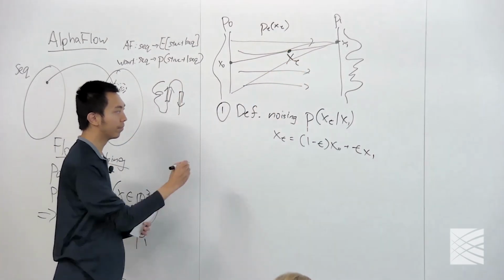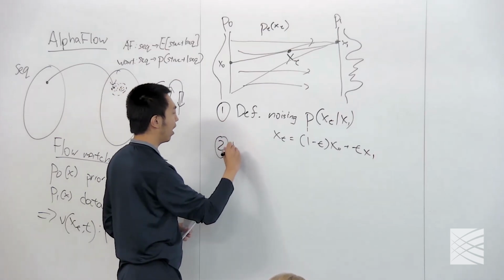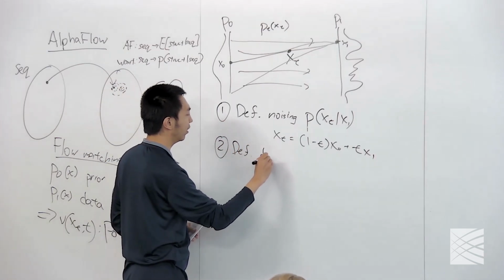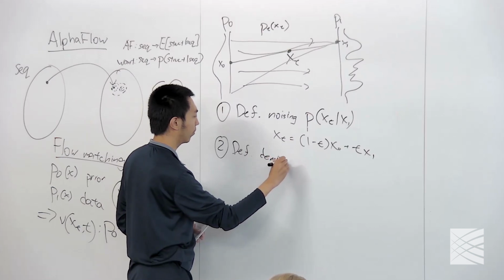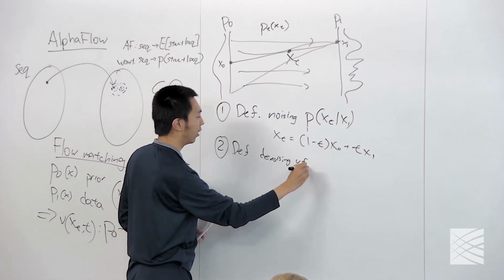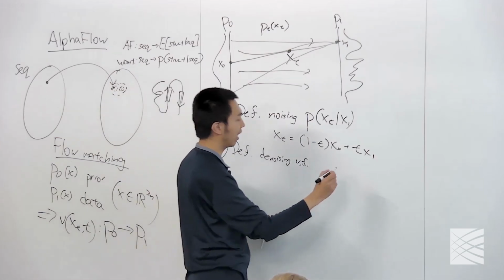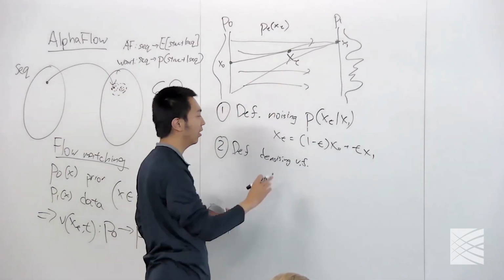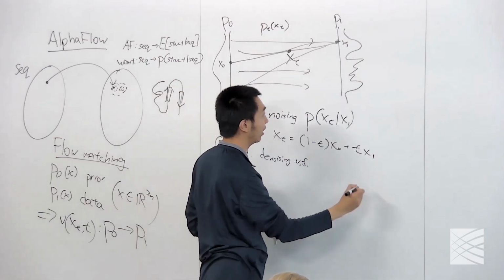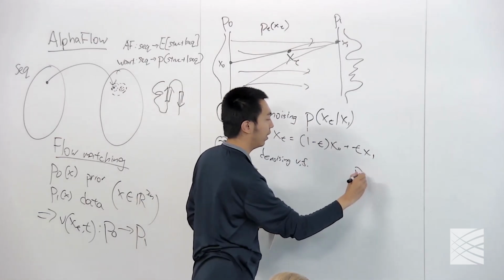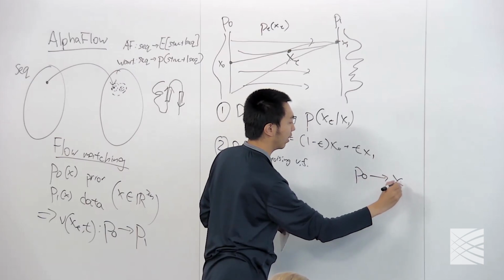That's what we defined. Second, we define a denoising vector field that actually undoes this process. So this denoising vector field is a vector field that for a given point x1, so right now we assume we know what x1 we're interested in, it pushes p0 to x1.